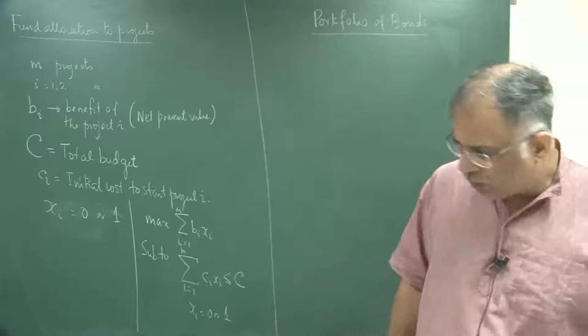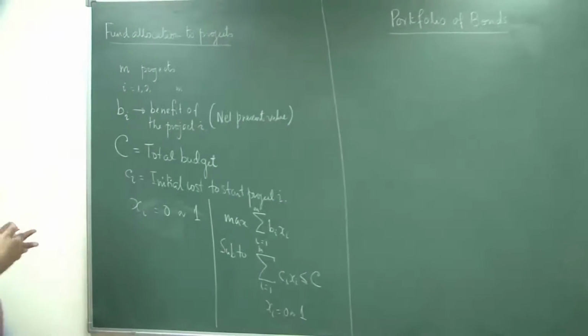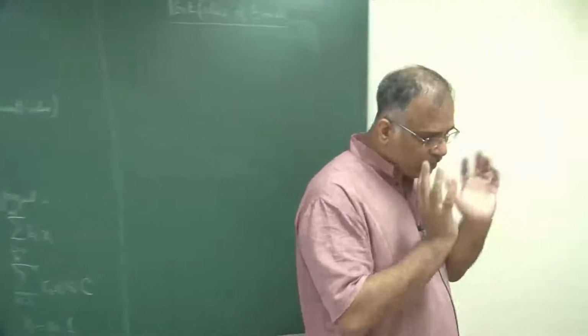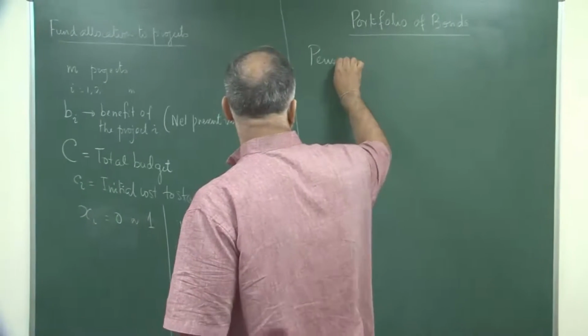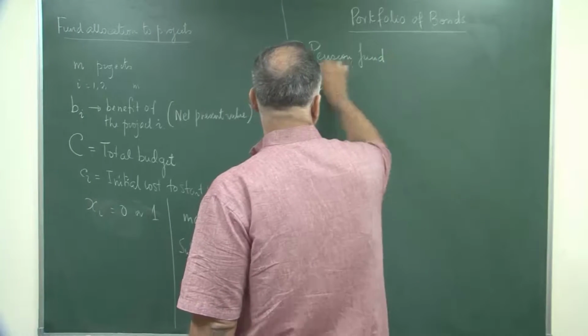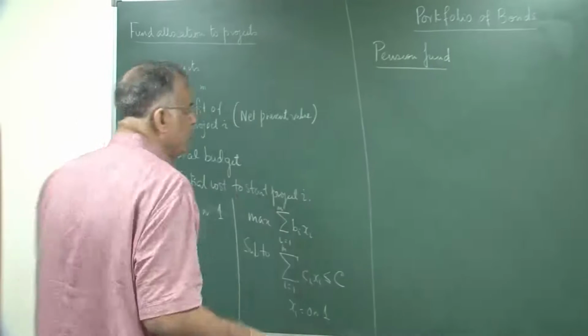So portfolio of bonds, that is how much bond I have to buy in order for me to trade them, so that I can generate the funds with which I can carry out my financial obligations. Suppose I have a pension fund, and every 6 months I have to make certain payment.